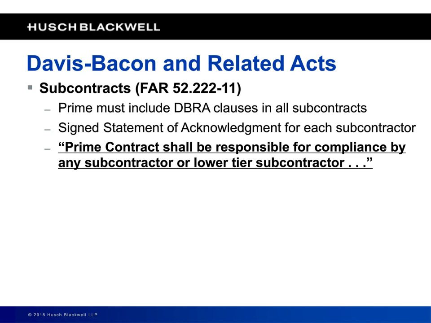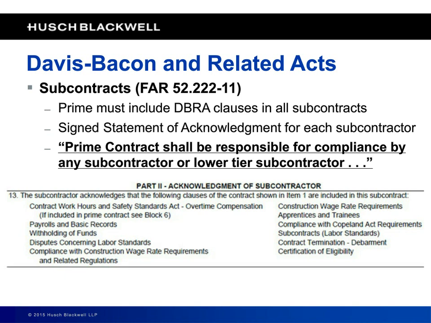Just flowing down the clauses in and of itself is not enough. I can't emphasize that enough. Just flowing down the clauses and saying, I flowed it down to the sub, who was obligated in the same way I was, is not enough. If a sub gets it wrong or a lower tier sub does not pay, and then they go bankrupt or go away and you can't find them, at a minimum, the Department of Labor is going to make you pay them again.